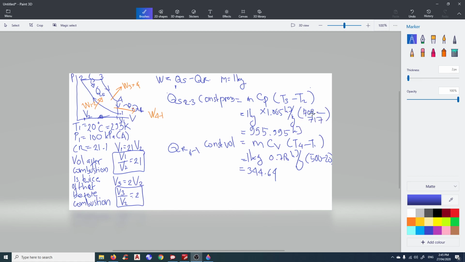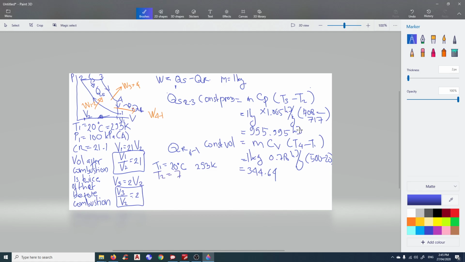If you notice here, I'm actually using the degree Celsius temperature instead of the Kelvin. If I wrote it down, T1 was 20 degrees Celsius or 293 Kelvin.